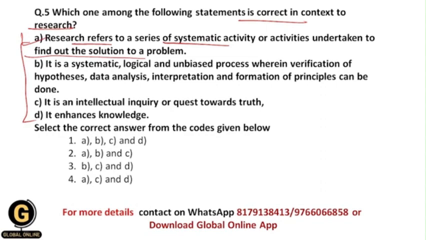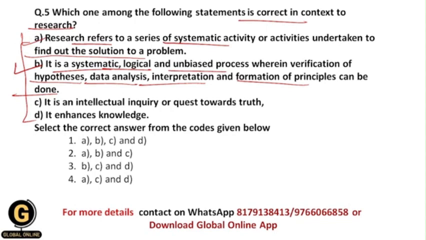Now second is, it is a systematic, logical and unbiased process wherein verification of hypothesis, data analysis, interpretation and formation of principles can be done. Yes, this is also a correct statement in regard to research, because research is always systematic, it is logical, because here we think logically. As well, this is unbiased.